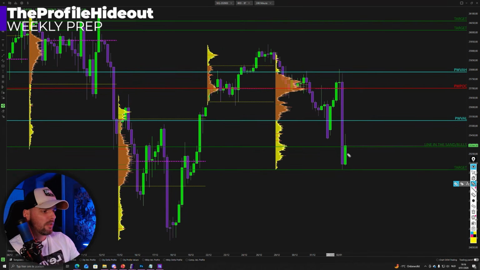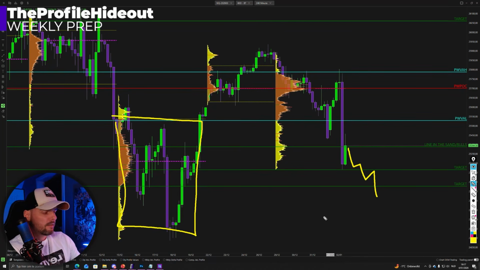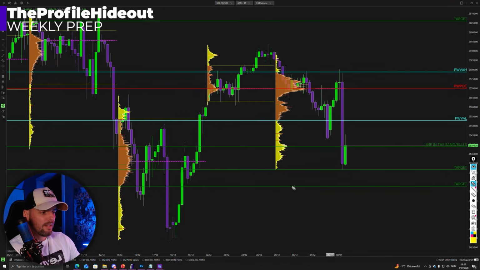If price were to sell off and we lose prior weekly low, what's the next key level here on my chart? So then I have to look to the left. I look left and I see a value area low from this weekly profile. Weekly profile. That's going to be the next level. And then maybe one more to the downside.